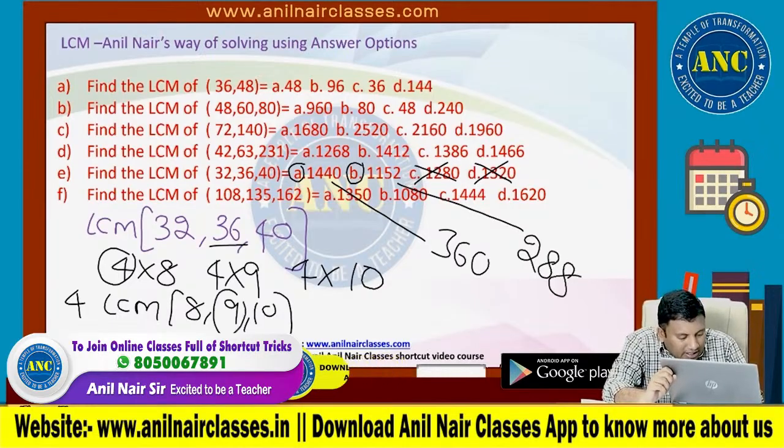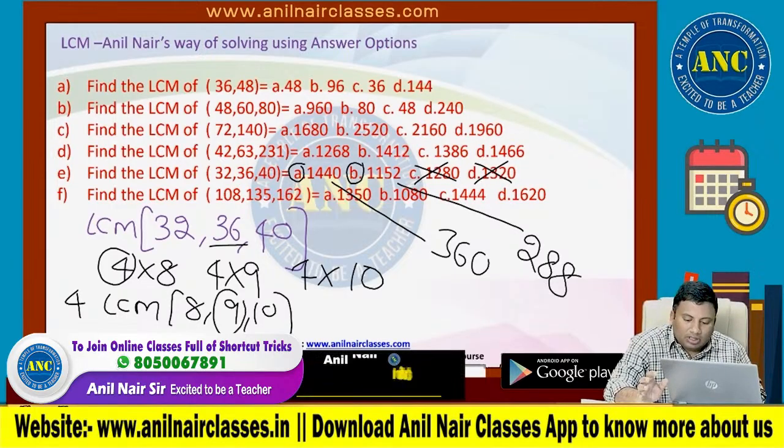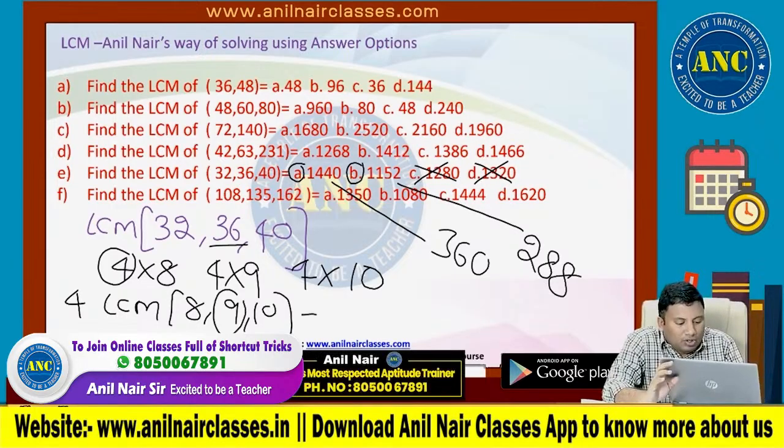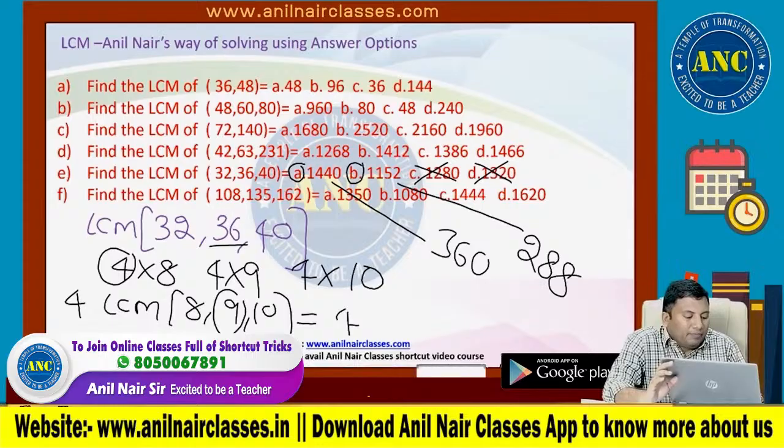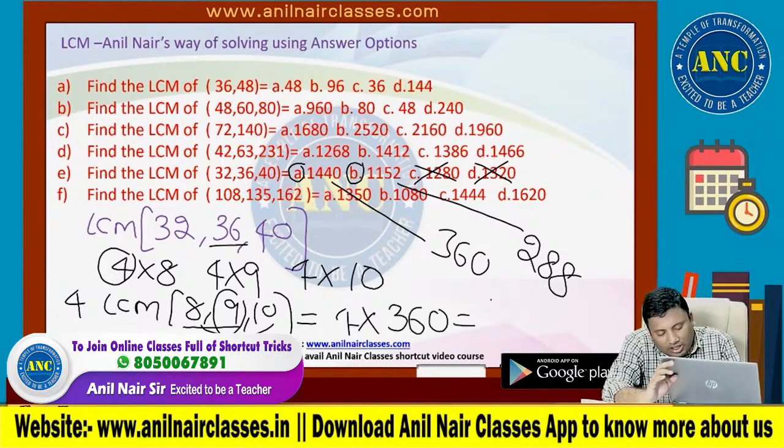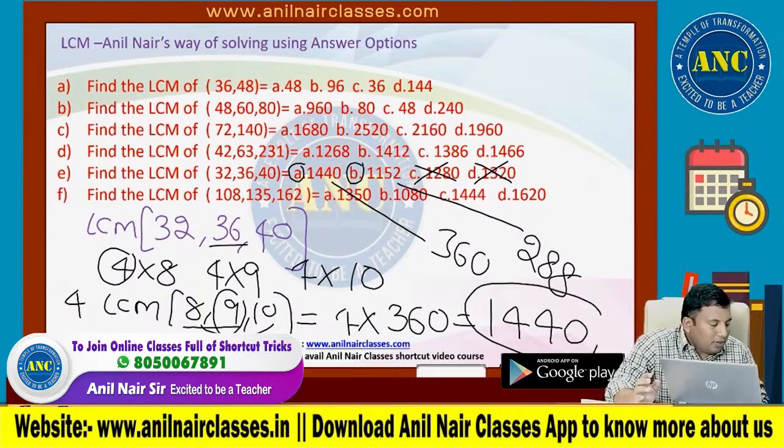Again the digital sum is 9. Both are matching. Then what you have to do? 8 and 9, LCM is 72, and with 10 it is 360. 4 into 360 is 1440.